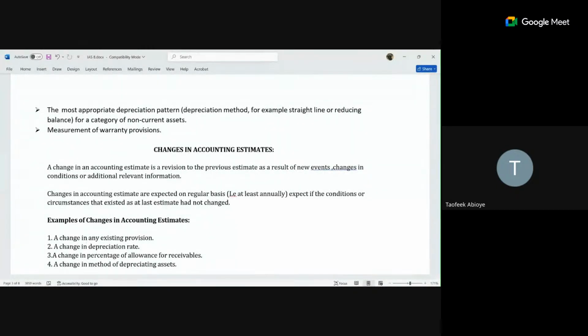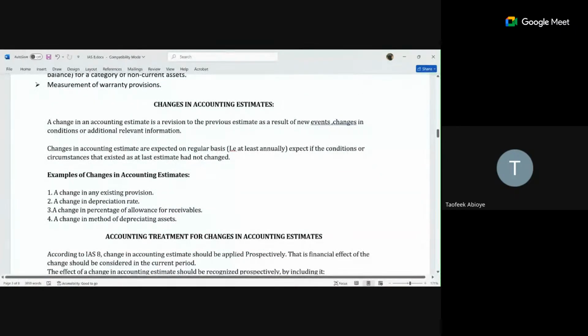If this is the situation, then the estimated useful life of that particular asset can be revisited, readjusted and reviewed.